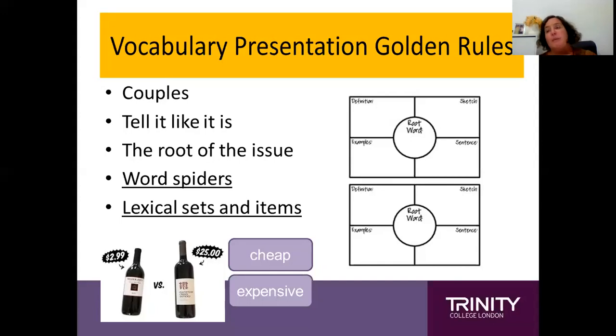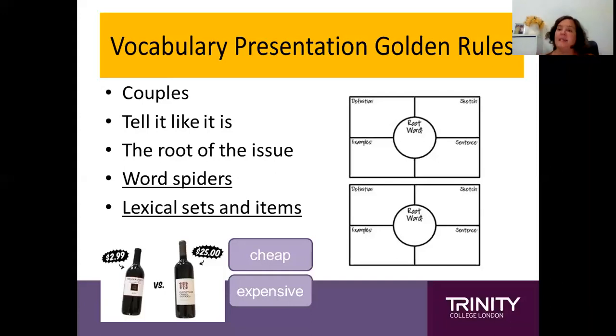I want you to remember that in terms of vocabulary acquisition, it is really very important to get students to work with words that have something in common. That's why I'm also underlining here lexical sets and lexical items.